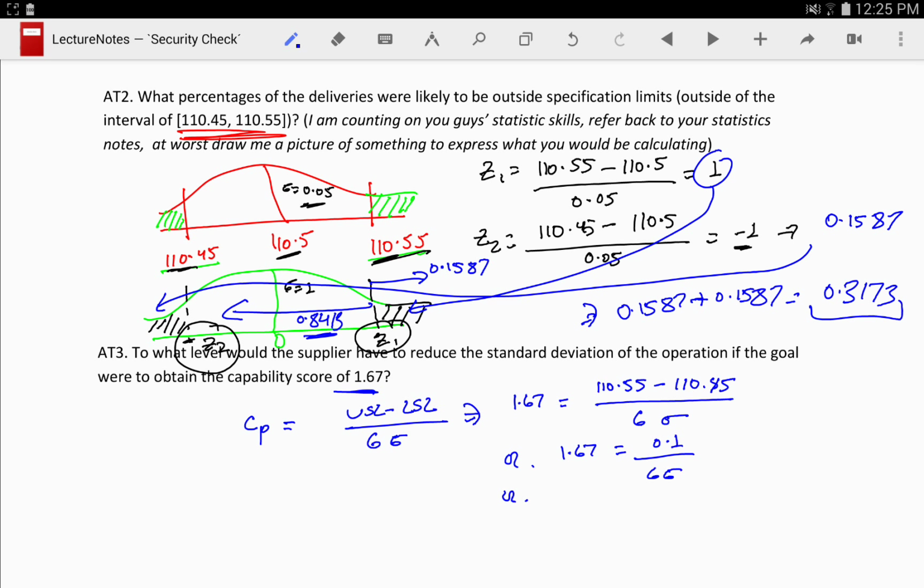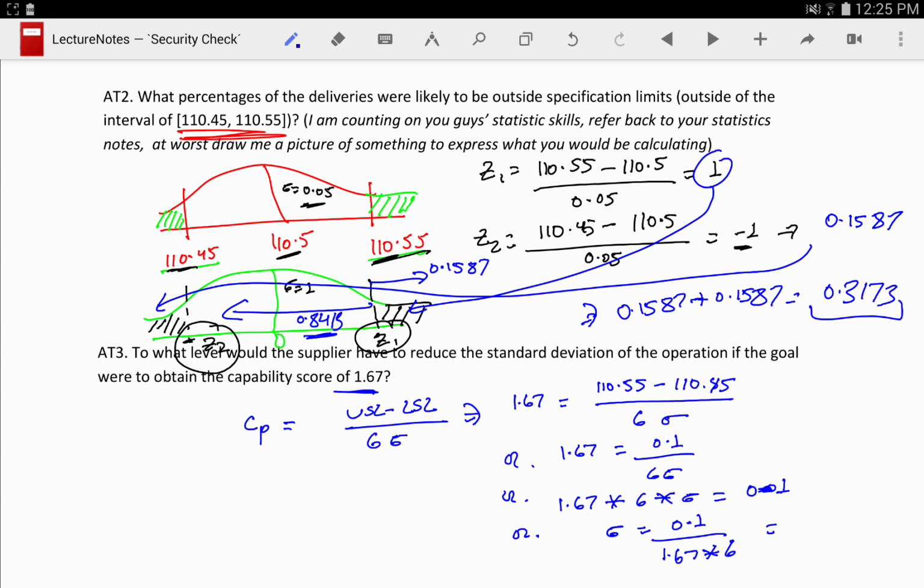By cross multiplication, 1.67 times 6 times sigma equals 0.1, or sigma equals 0.1 divided by 1.67 times 6.